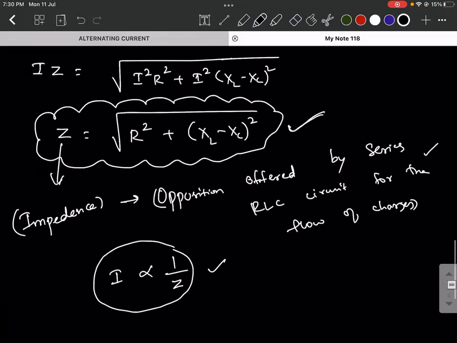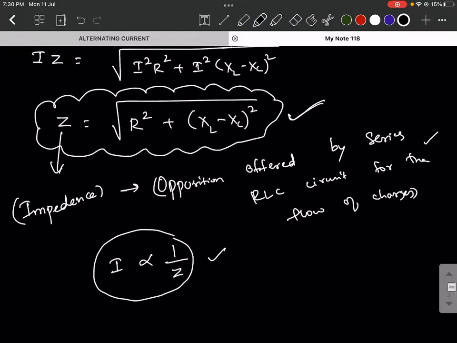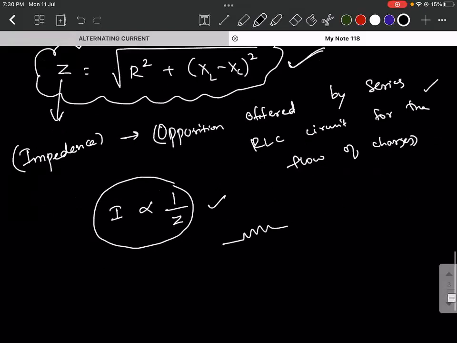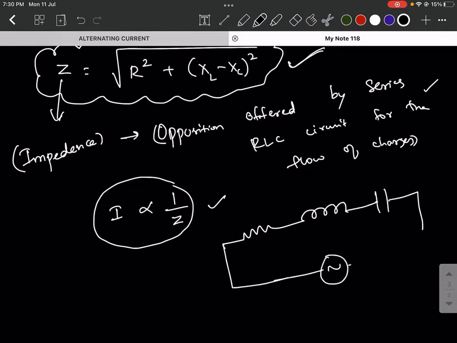When it is inversely proportional to impedance, what I'm expecting from a series RLC circuit is that the current you pass through this device has to attain maximum value. If current has to be maximum, then what should happen to the impedance?